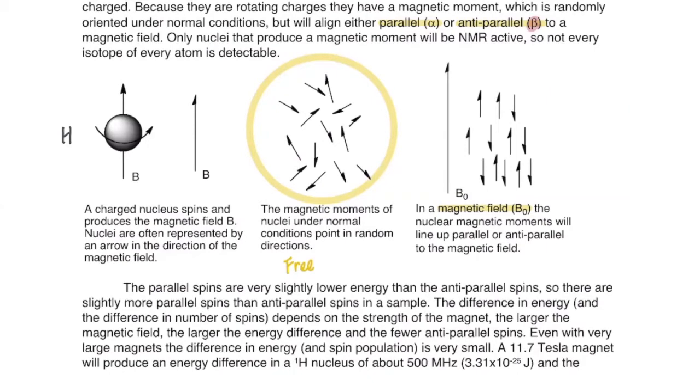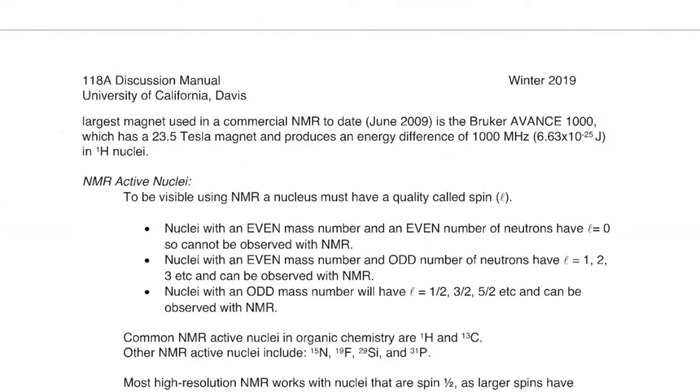So anti-parallel is going to have a higher energy. There is one important concept that you need to know. Not all the atoms or protons, including carbon and others like proton, carbon, nitrogen, fluorine, silicon, are magnetically active.